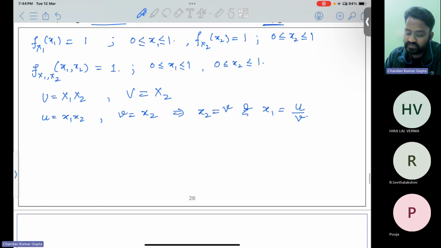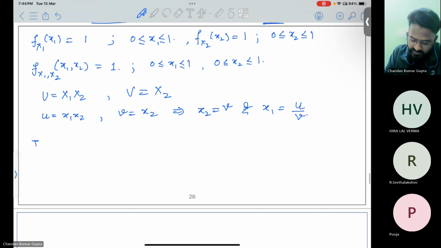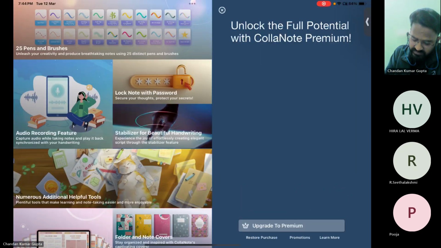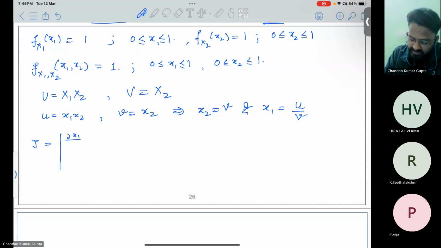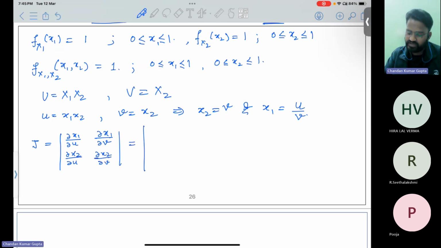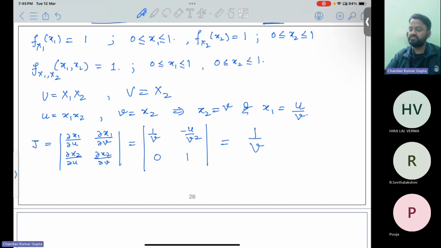Now the next step is to calculate the Jacobian. The partial of x1 with respect to u is 1 by v, x1 with respect to v is minus u by v square, x2 with respect to u is 0, and x2 with respect to v is 1. So the Jacobian is 1 by v.